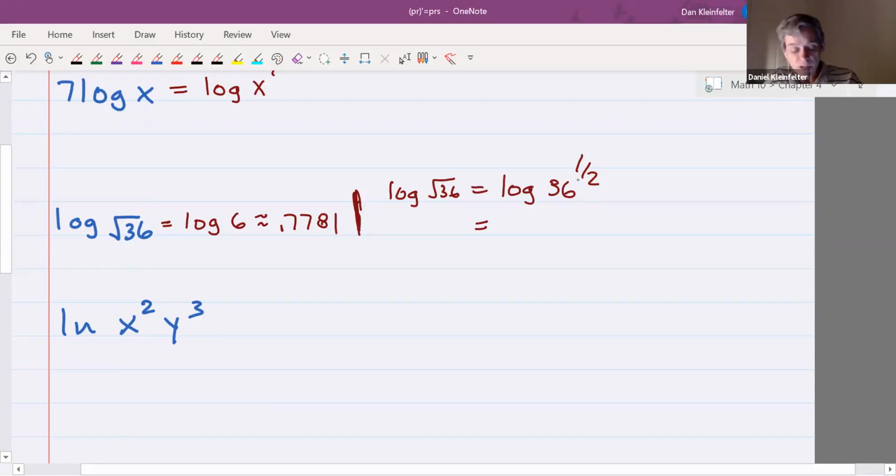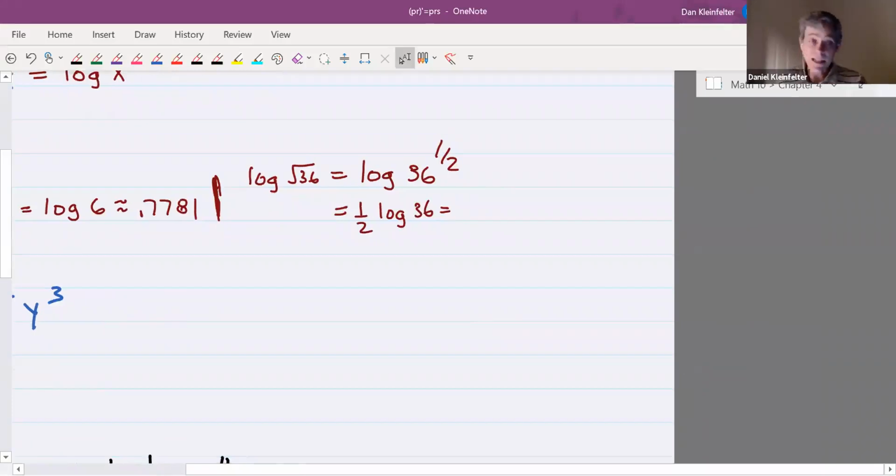That log of 36 to the 1/2, I'm going to bring the 1/2 around front as a multiplier. So that'll be 1/2 of log 36. So now I'm going to type that into the calculator. So we'll have log 36, that's about 1.556, let's say. And so that is about 0.778.